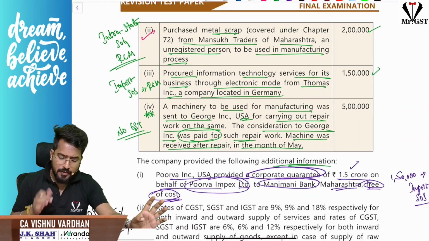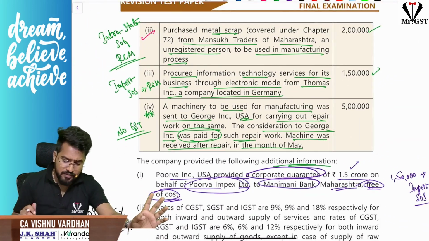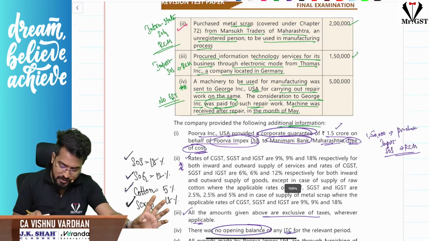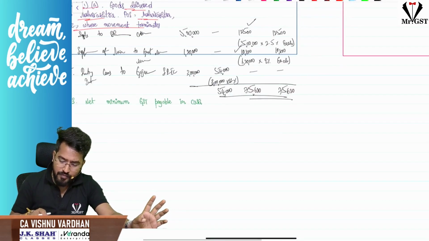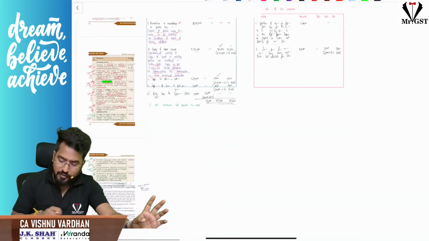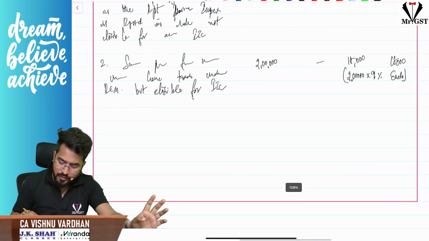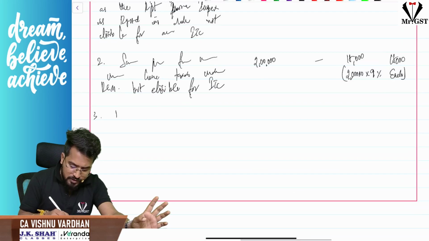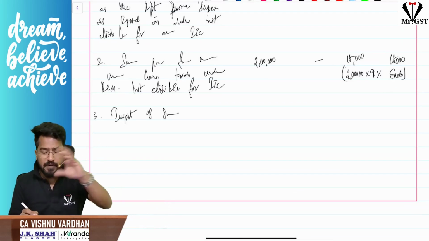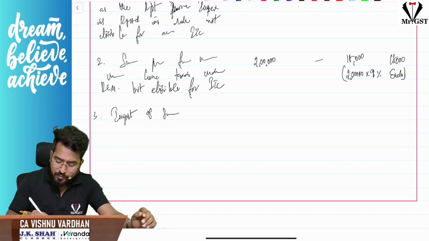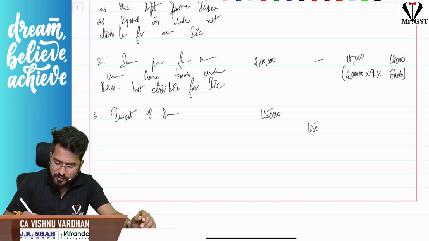Third one is procured information technology, import of services. As we know, RCM, 1,50,000. Reasoning you will write 18%. How much is the value? 1,50,000. Okay, next, import of services. Guys, I repeat, write down the reasoning, particulars, everything properly, and come to the amount column. 1,50,000, IGST 1,50,000 into 18%.